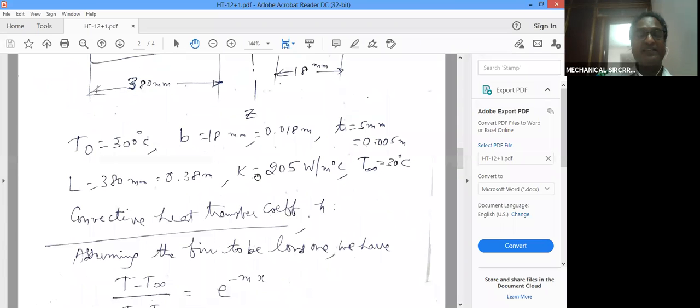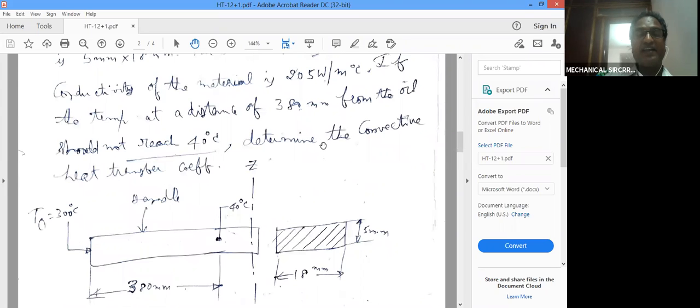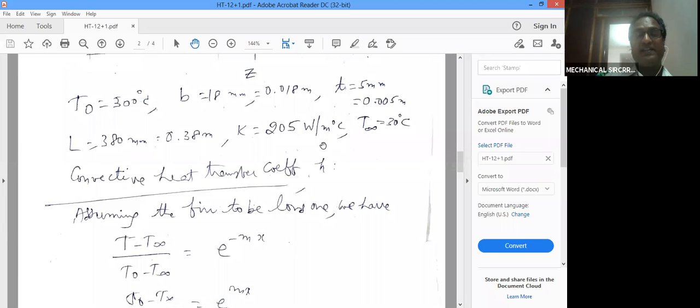Thermal conductivity K is 205 watt per meter Kelvin, or meter degree centigrade. The temperature of the surrounding air, or room temperature, is 30 degrees centigrade.